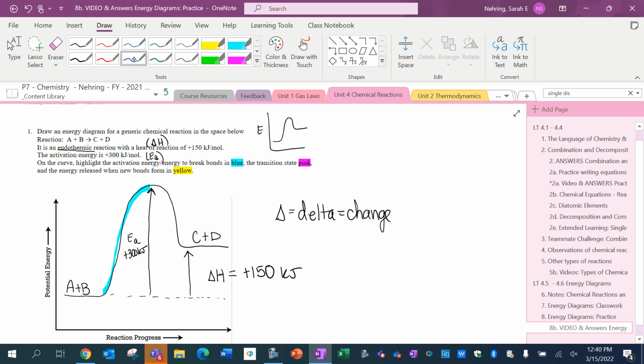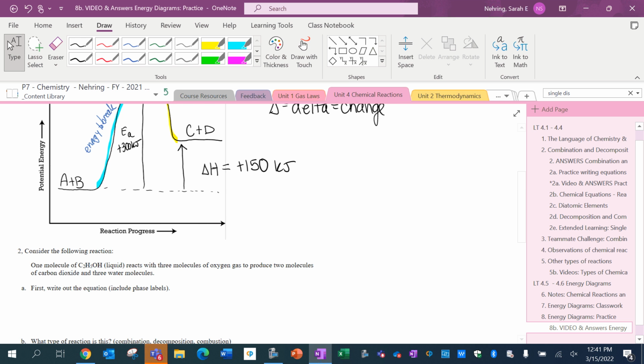Okay, so this area right here is the energy to break the bonds. And then over here, this is the energy released when forming new bonds. And then right here in the middle, this is what we call the transition state. So it's in between when bonds have been broken, but no new bonds have yet been formed. That's that area there in pink.